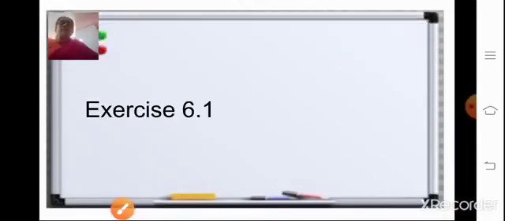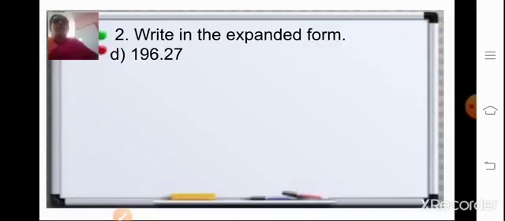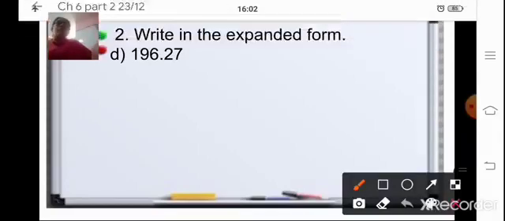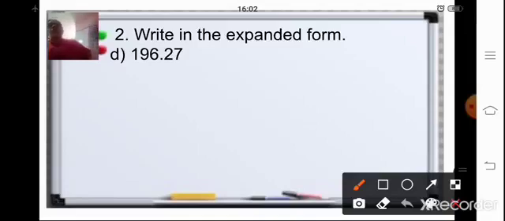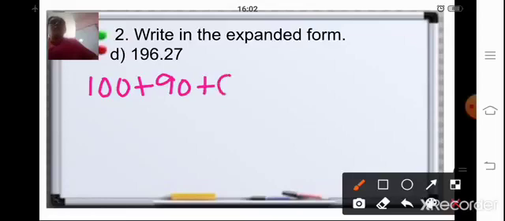Now based on this exercise 6.1, you have to write the decimal numbers in expanded form. Just solve it in your maths notebook. Now write in the expanded form. It's very simple. So 196 is a whole number or integral part, so we'll write it as 100. 1 is in hundreds place. 9 is in tens place, so 90. 6 is in ones place, so 6.